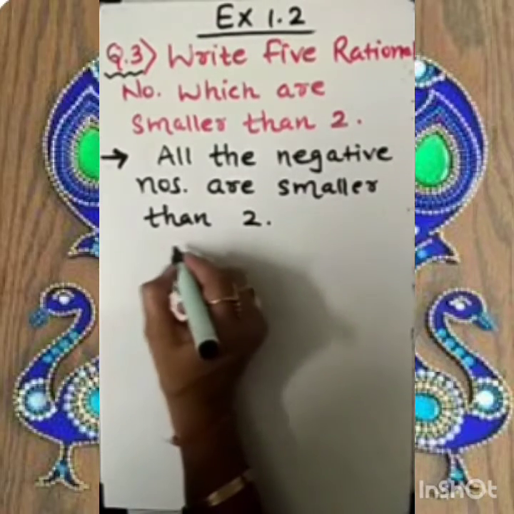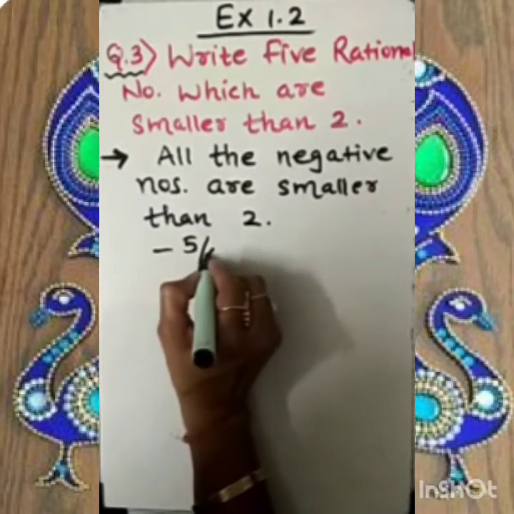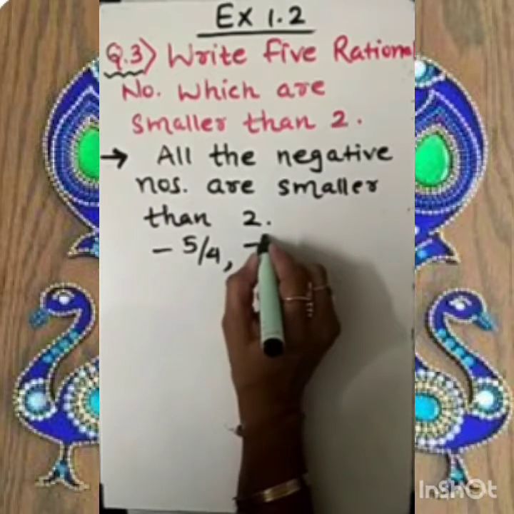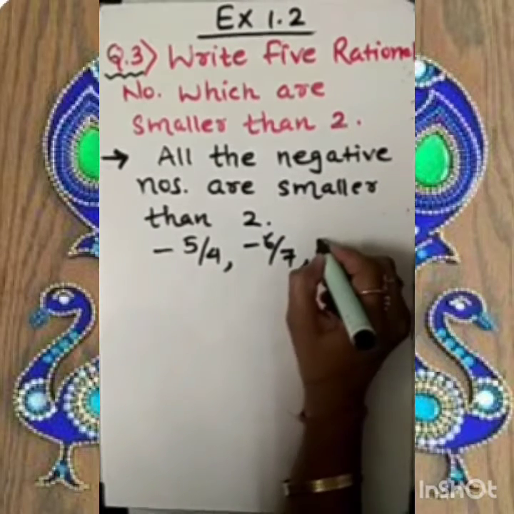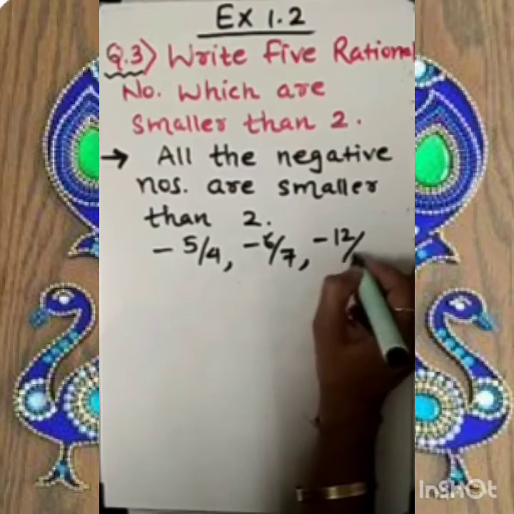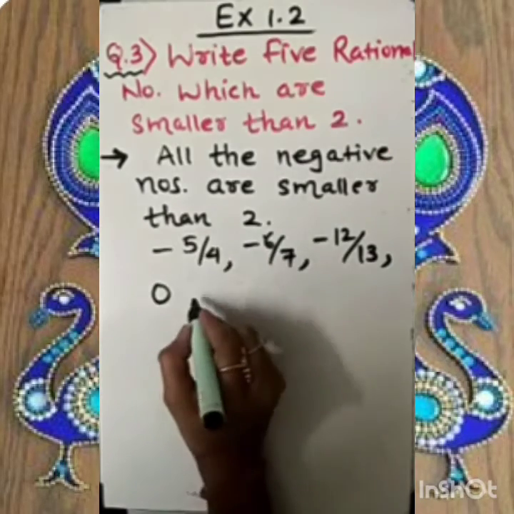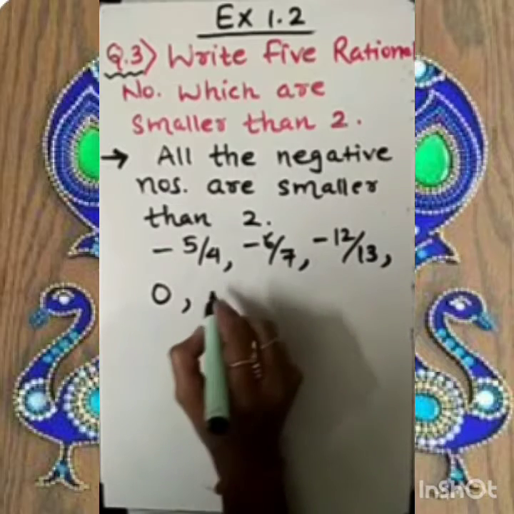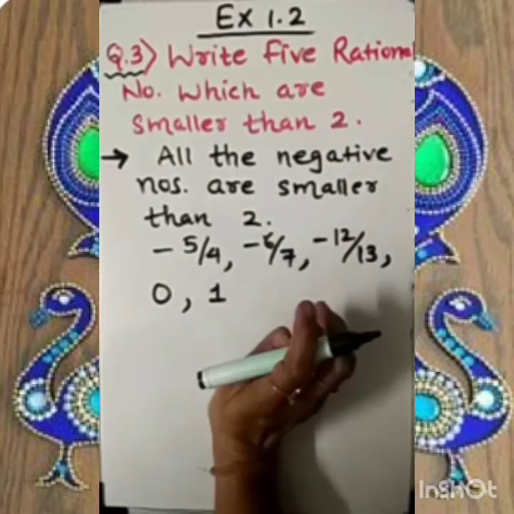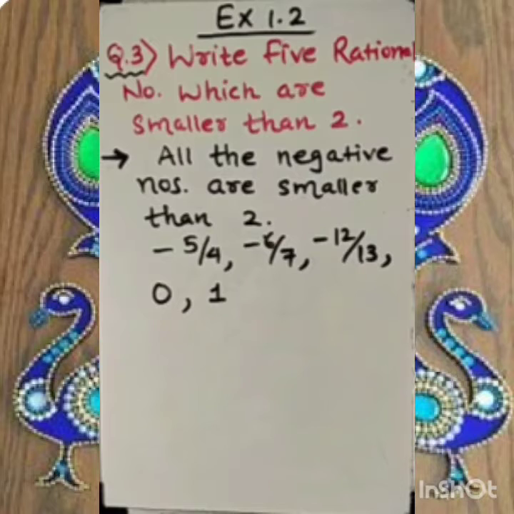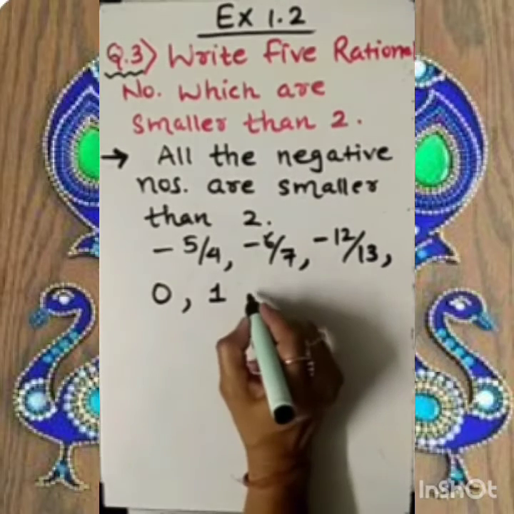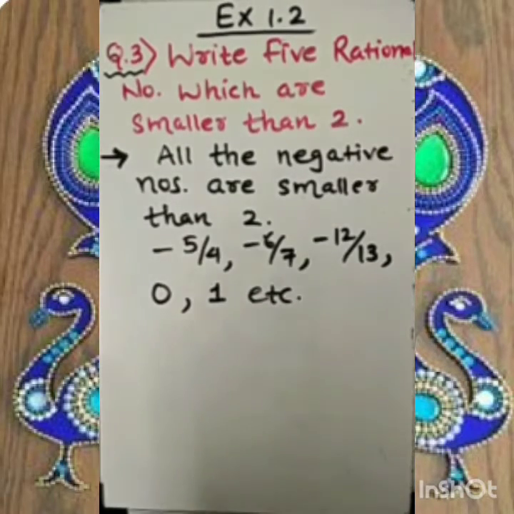That's why I'm mentioning -5/4, -6/7, -12/13. 0 also I can mention because it is on the left side. Here you can see 0 is also, and of course 1 is also, because 1 is also smaller than 2, etc. So this is the solution.